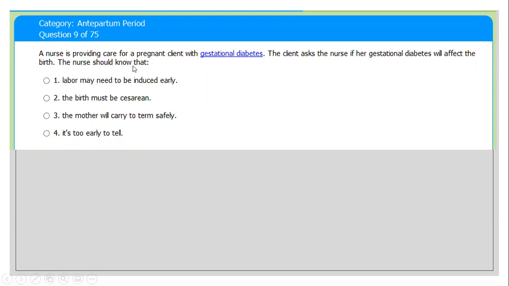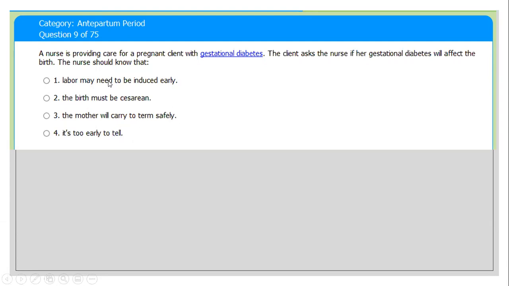The nurse should know that, number one, labor may need to be induced early. Number two, the birth must be cesarean, C-section. Number three, mother will carry to term safely. And number four, it is too early to tell.